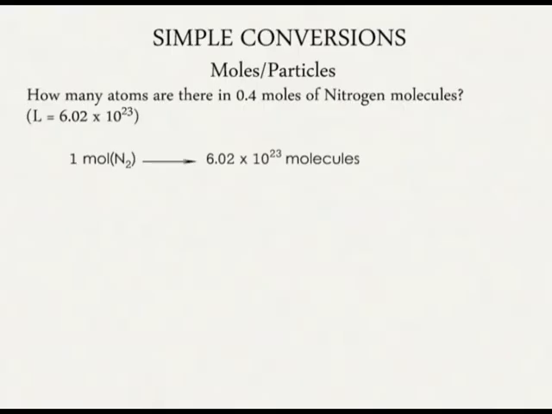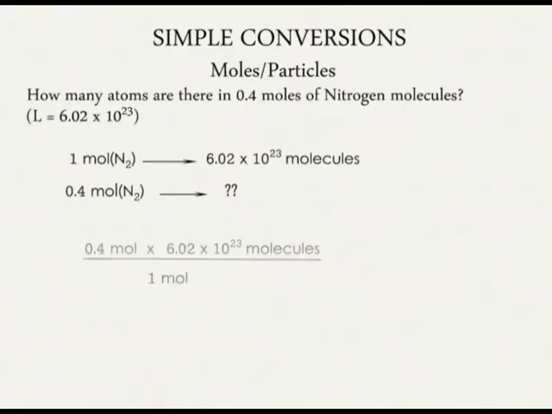The question is, 0.4 moles of the same nitrogen will contain how many molecules? So 0.4 moles over 1 mole times 6.02 times 10 to the power 23 molecules. That gives us 2.0408 times 10 to the power 23 molecules.